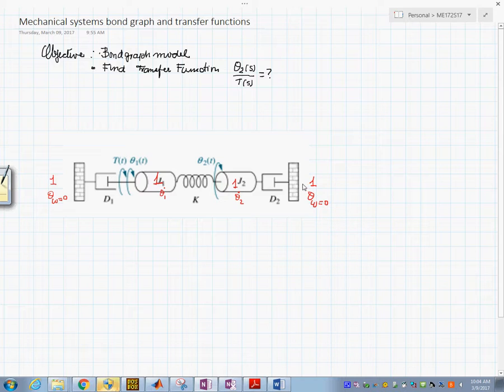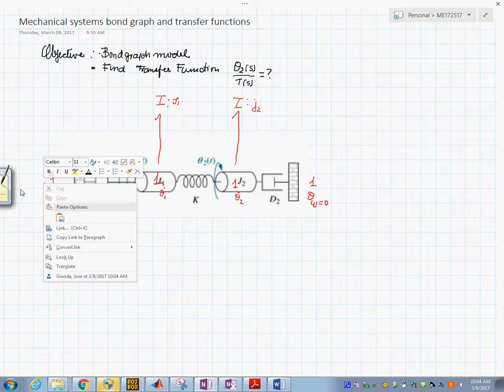So I start here. Now step number 2 is to attach the elements that actually experience these angular velocities. In here, obviously, this one has an I element with value J sub 1, and in here it also has an I element with value J sub 2. Now we recognize the other elements.